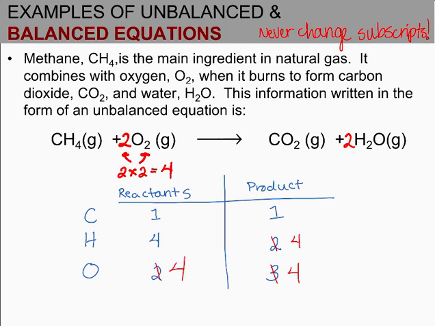All right, so is everything balanced? Let's see, we have one carbon on each side, 4 hydrogens on each side, and 4 oxygens on each side. Perfect. So that means we are following the law of conservation of mass.